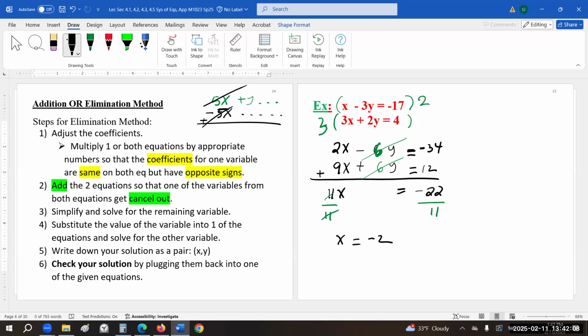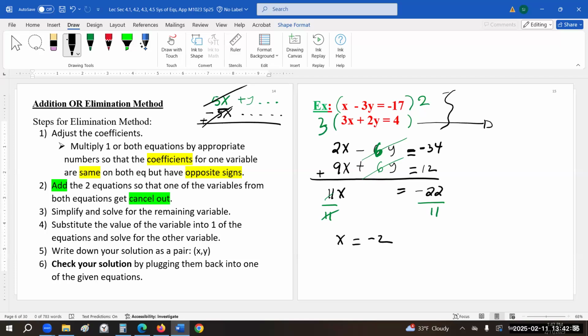But you also need to solve for y, because our solution has an x and y. Now you're going to substitute to get the other variable. So you take any one of them, the first one or second one. Let's take the second one because our y is positive here. It doesn't matter which one you take, okay?